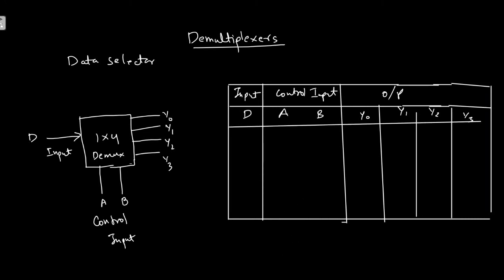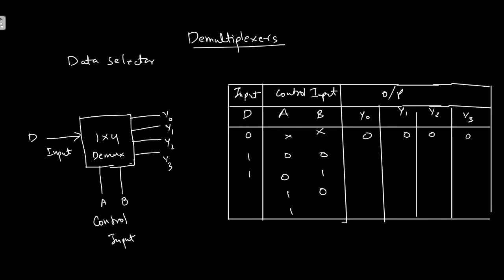Now if there is no data input line, if there is no input, so there is no output, and there is no use of control inputs. Now when there is input, means when there is 1, in this case there are control inputs 0 0, 0 1, 1 0, 1 1, means control inputs are applicable only when there is some input.